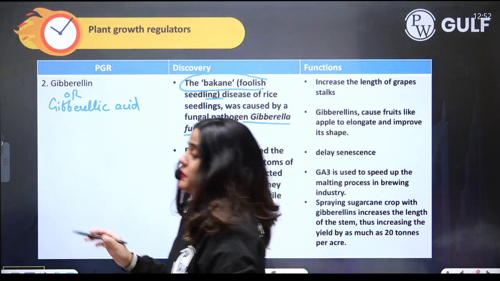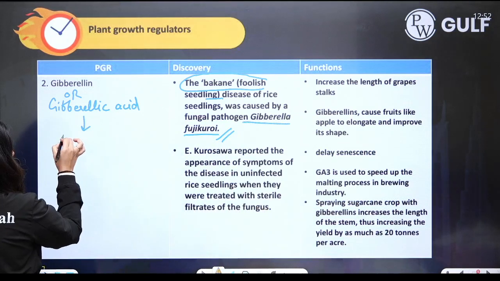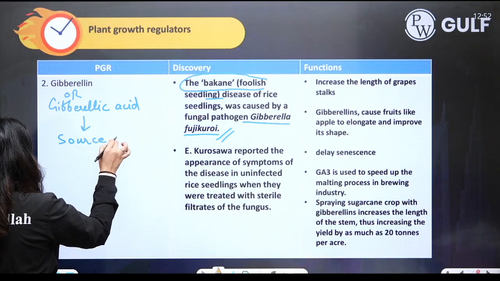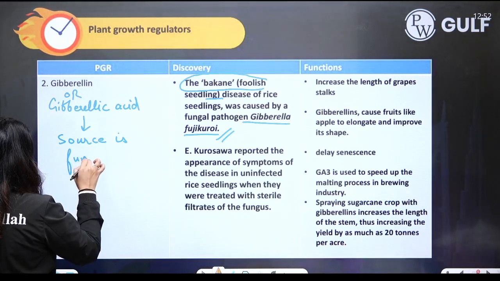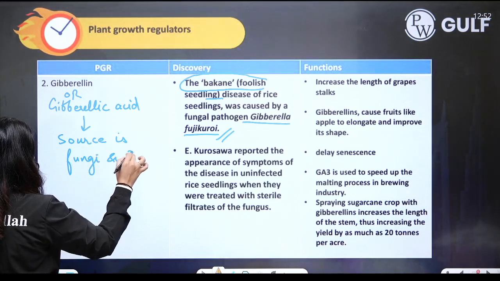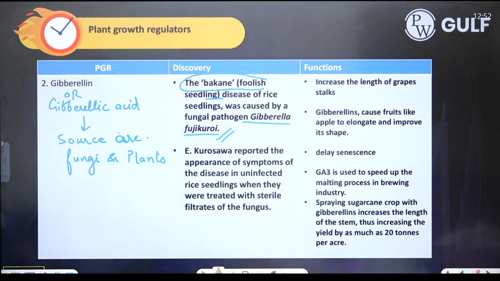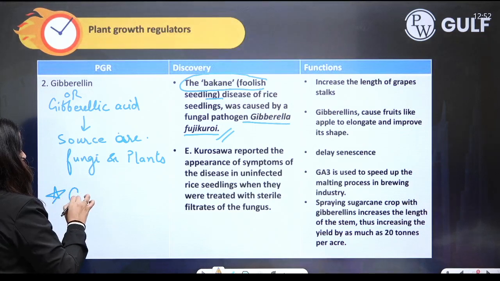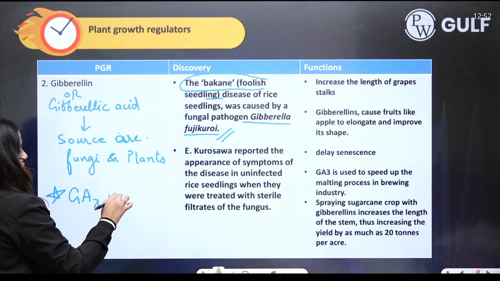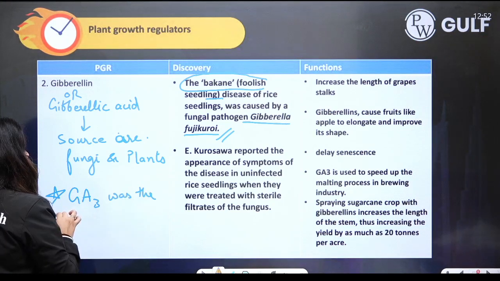So it means the source of gibberellin is fungi and plants. Gibberellin can be extracted from either fungi or plants, and GA3 was the first gibberellin to be discovered.